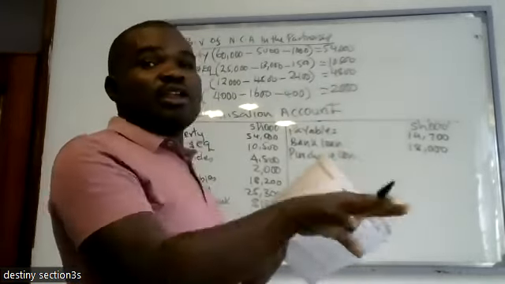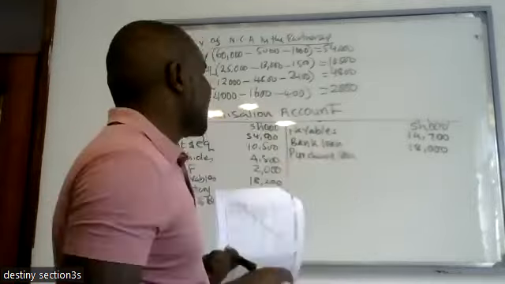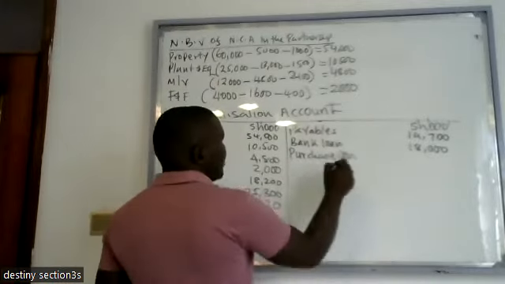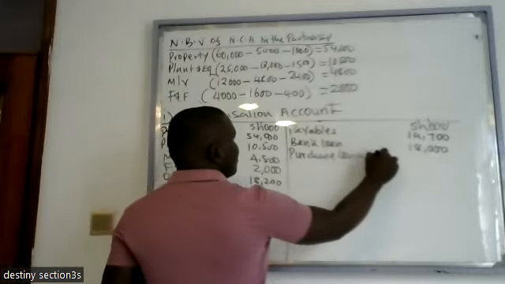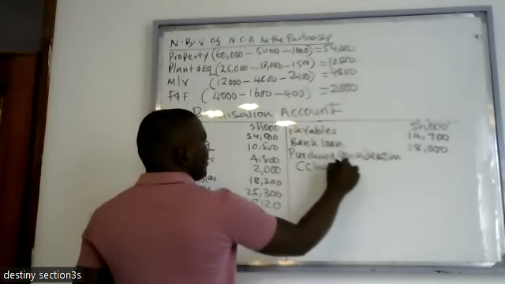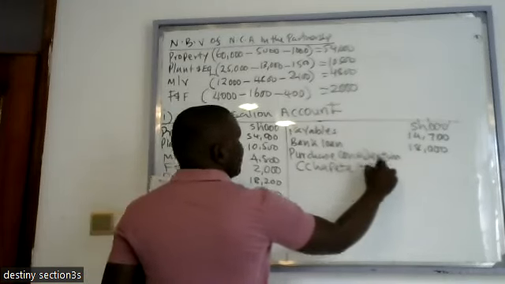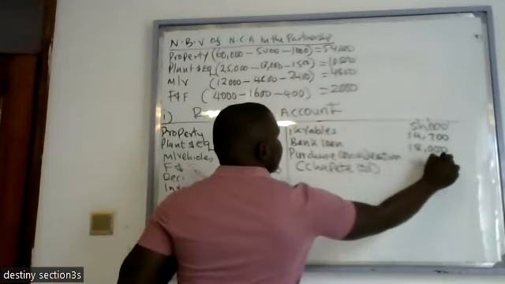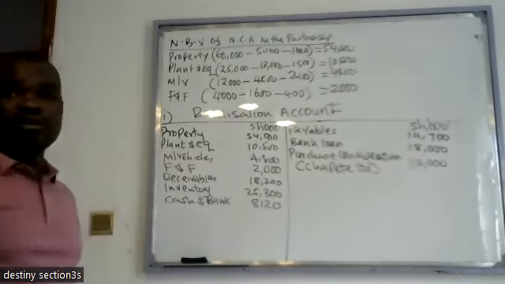So you debit Chapete with that amount, then you credit realization for purchase consideration. Chapete Limited, it was 110. So you credit there with 110.